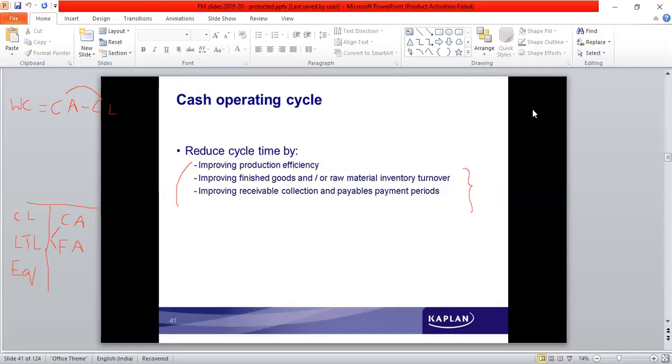Something like, if they pay early, they can avail a discount. These are strategies which can be used. So the point is, the shorter the operating cycle is, the better it is for the company in terms of saving their cost. Otherwise, cost of capital will increase proportionately by the period which gets extended.